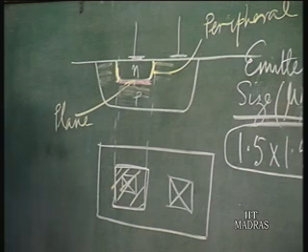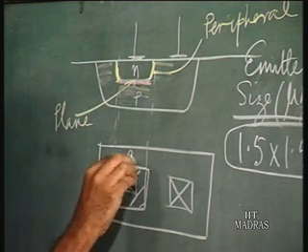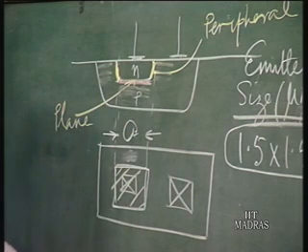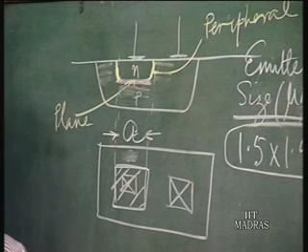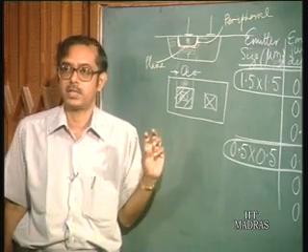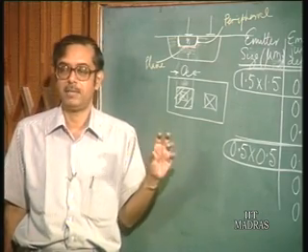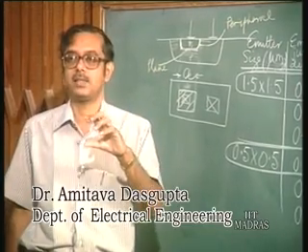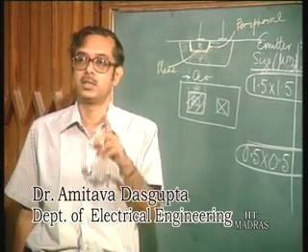So, if you reduce A, that is one of the sides of the emitter, the perimeter to the area ratio goes up, and the peripheral component starts to dominate. So, when you go for smaller and smaller dimensions of the emitter, in order to derive the benefit of a lower capacitance, you also have to reduce the junction depth.